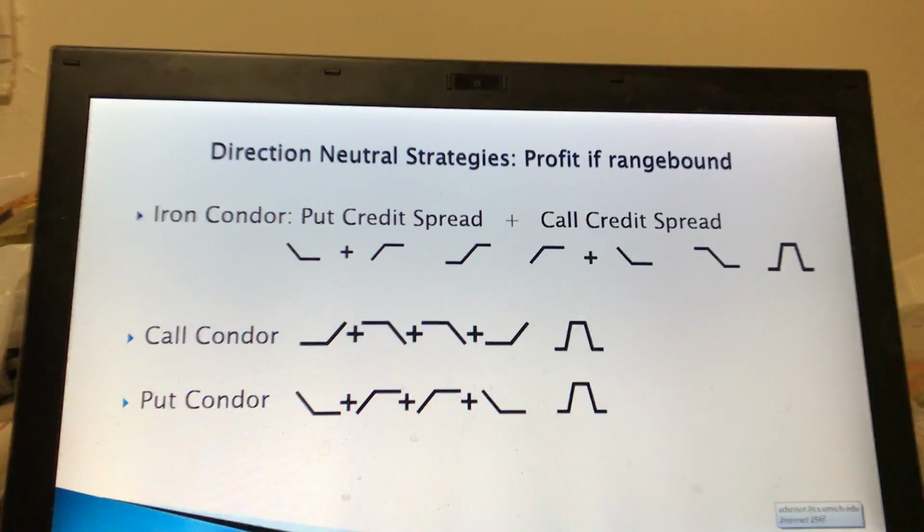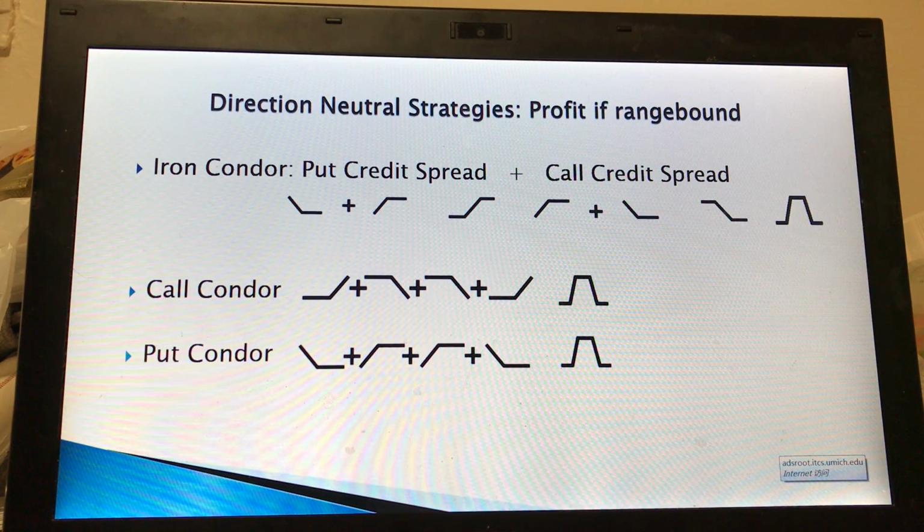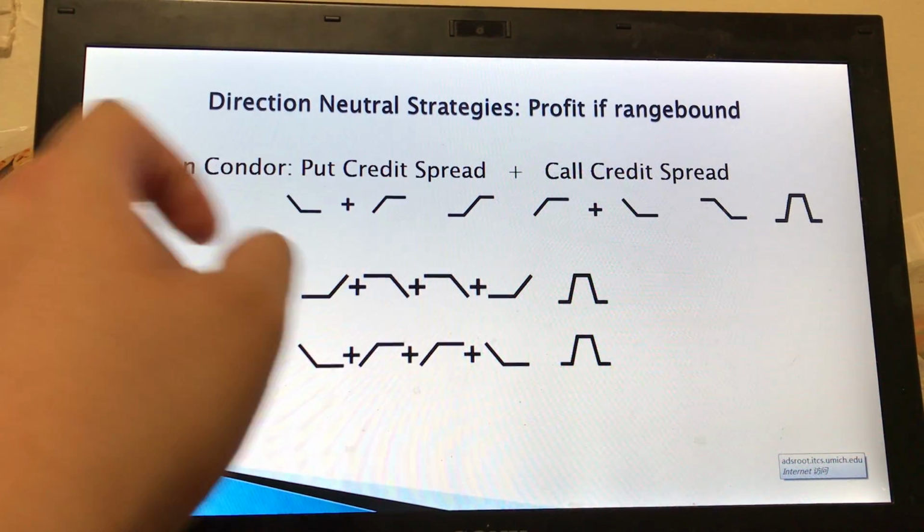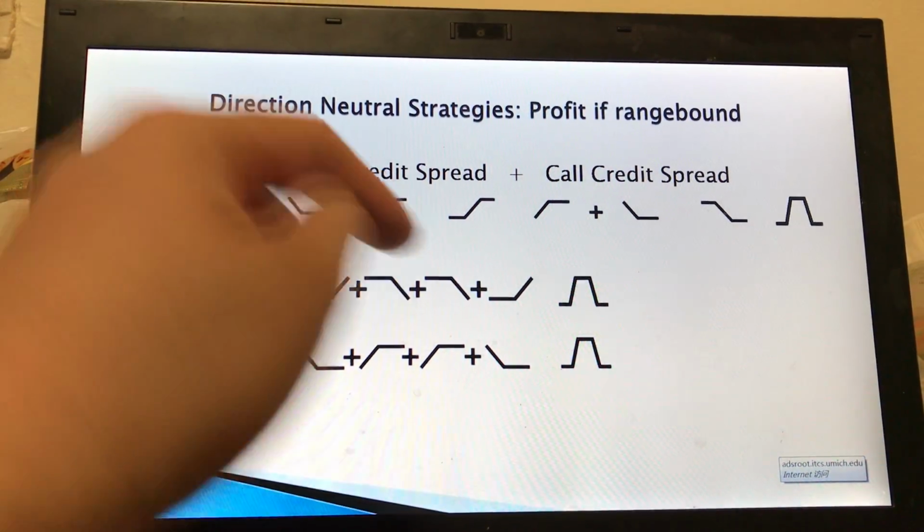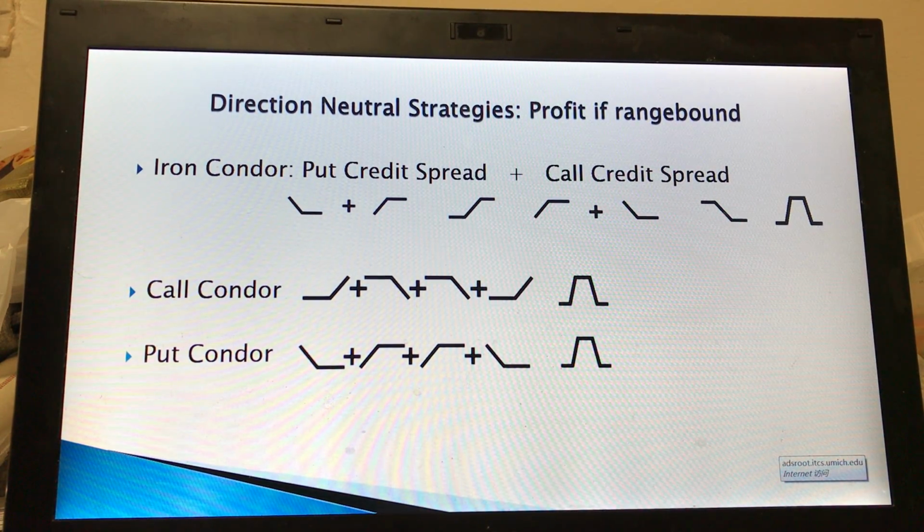Okay, so an iron condor consists of a put credit spread, which is a bullish put spread, and a call credit spread, which is a bearish call spread. By doing this, you have a net credit in your account.